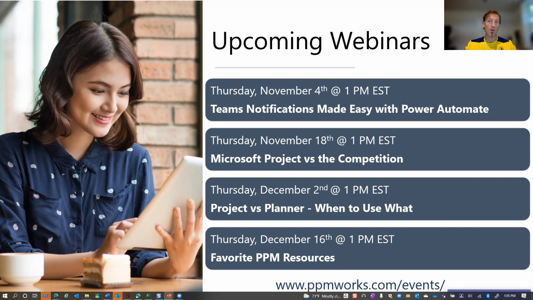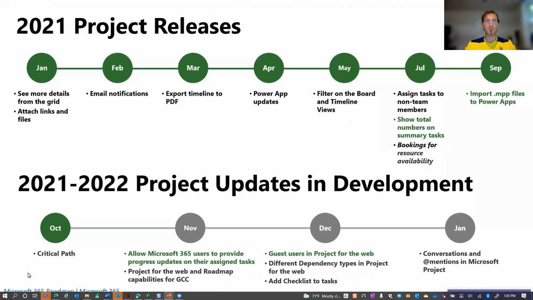The other one you might want to key in on is what is out there in the current landscape for PPM. We'll go through that from a competitive view, and then Project versus Planner, and anything we find internally. We have a poll that we post, and folks can go on there and take a look at all our new resources. So we wanted to share some of those with you as well.